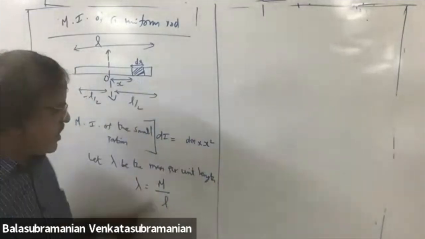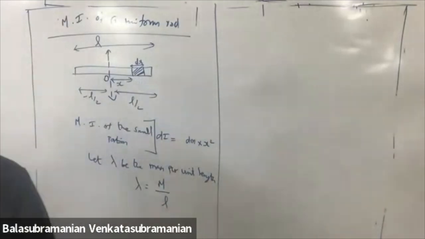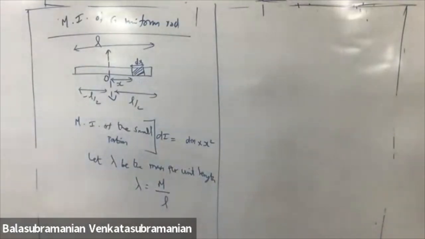Total mass is capital M, so capital M by L is the mass per unit length of the wire. Mass per unit length. Okay.